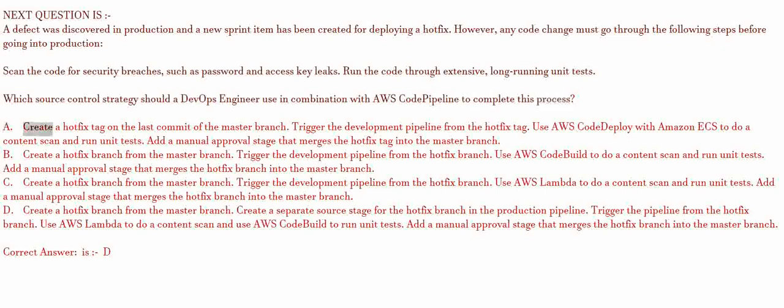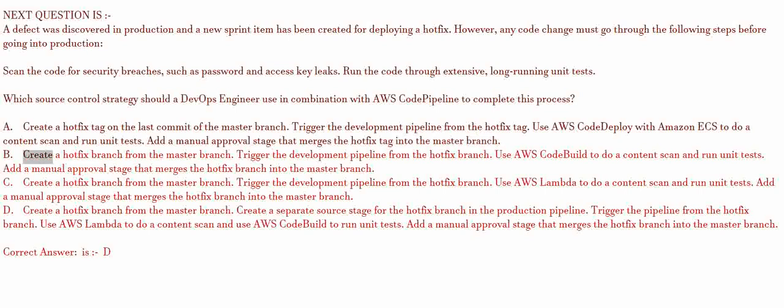A. Create a hotfix tag on the last commit of the master branch. Trigger the development pipeline from the hotfix tag. Use AWS CodeDeploy with Amazon ECS to do a content scan and run unit tests. Add a manual approval stage that merges the hotfix tag into the master branch.